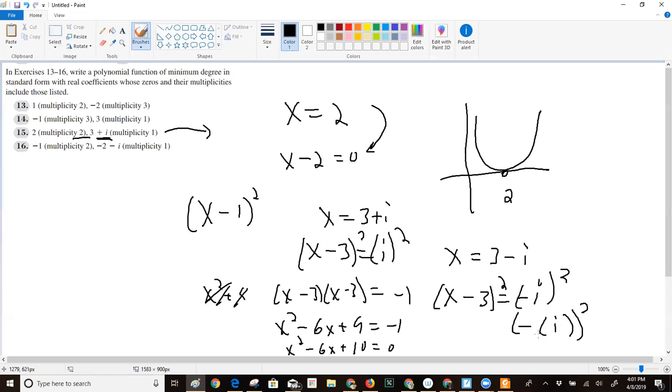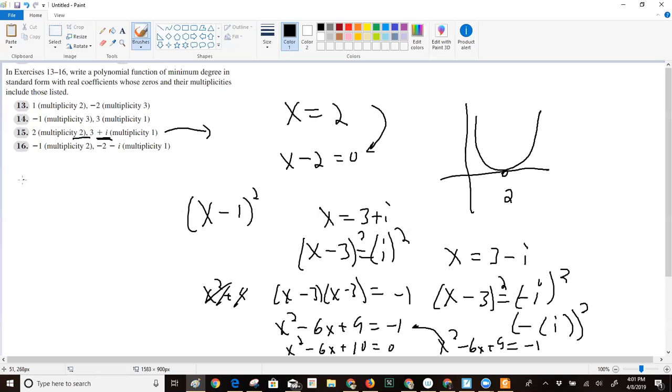Well, when I square a negative, it's positive, and i squared is negative 1. So do you see how I get exactly the same polynomial? x squared minus 6x plus 9, it's exactly the same. So for this kind of math, I only have to worry about one of those complex roots. I don't have to worry about the other one. So that's how I deal with the complex roots.